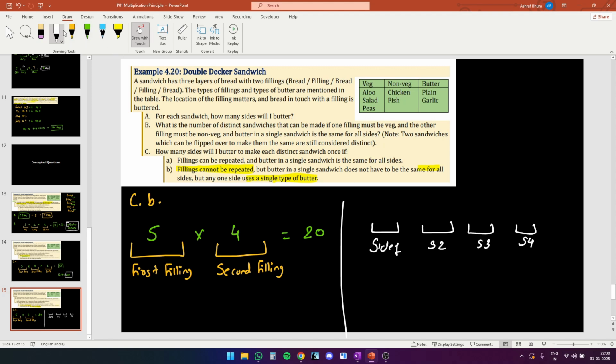So can I say for the first side I have 2 choices, either I can use a plain butter or a garlic butter. So 2 choices for the first one. Second side again 2 choices, third side again 2 choices, fourth side again 2 choices. So how many total choices for the butter do I have? 16 choices. Okay, so 20 choices for the sandwiches and 16 choices for butter. So how much in total we get? 20 times 16 is equal to 320 distinct sandwiches.